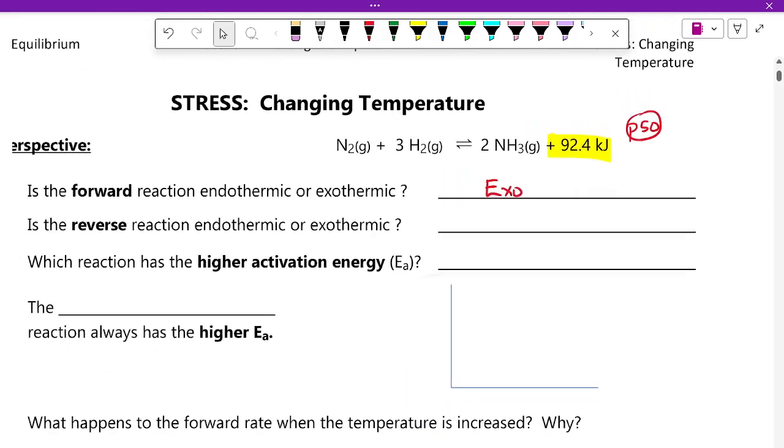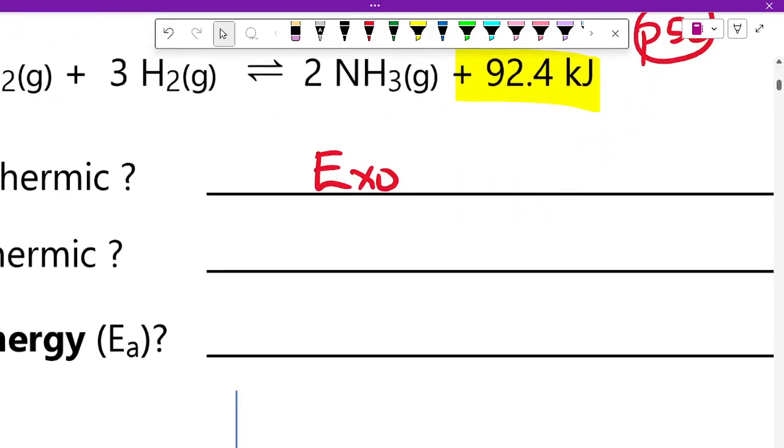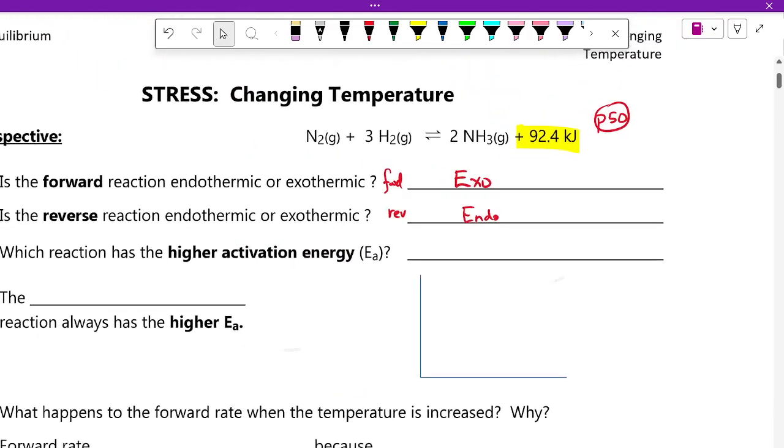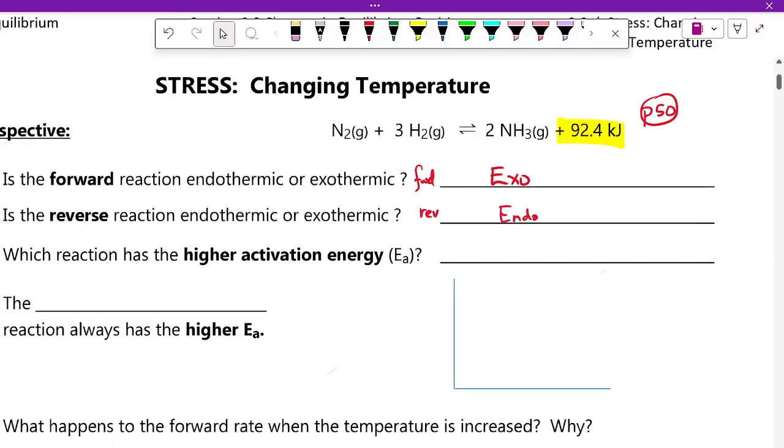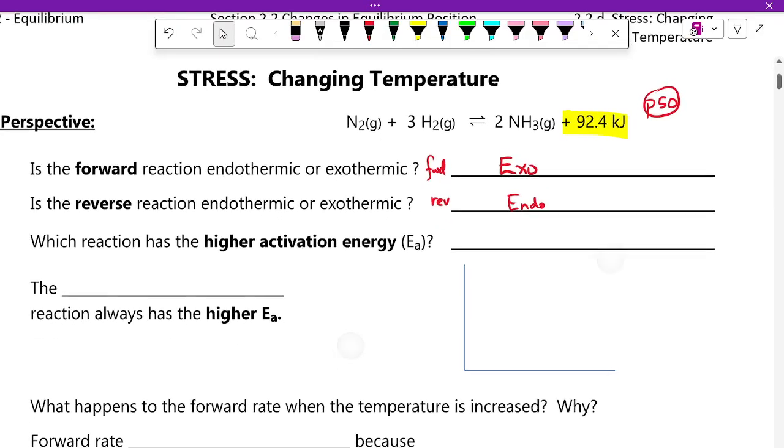Is the reverse reaction, so this is our forward, is our reverse reaction endo or exo? Reverse is endo. Which reaction has a higher activation energy? Ooh, that's something to think about.